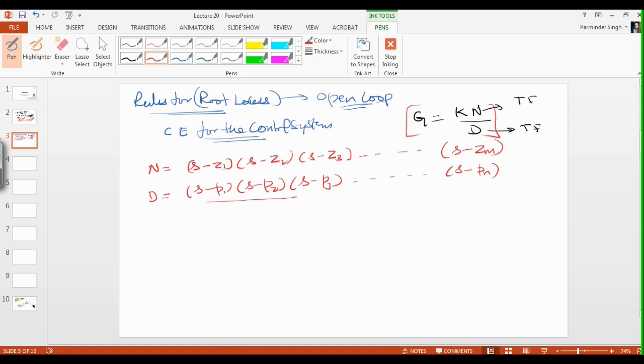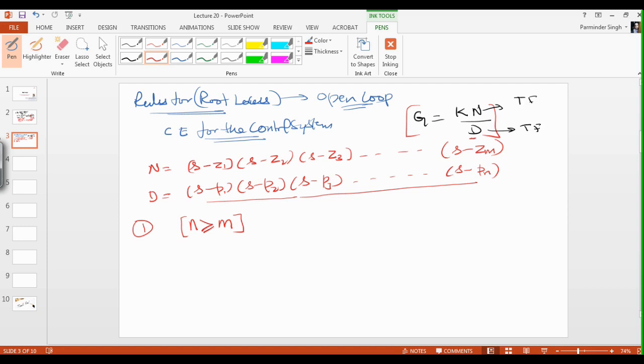Now rule number 1: root locus is always plotted for n greater than or equal to m. That means the number of roots in the denominator should be greater than or equal to the number of roots appearing in the numerator. Clear?